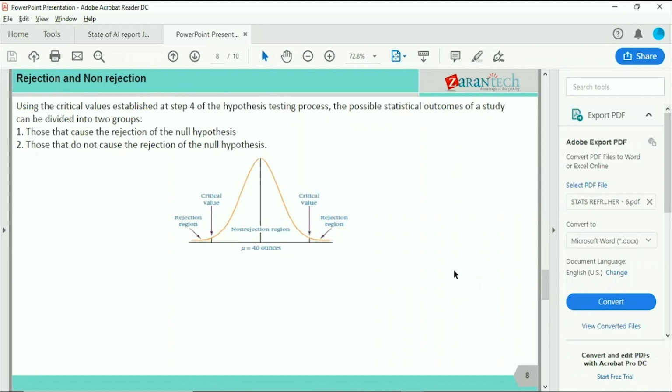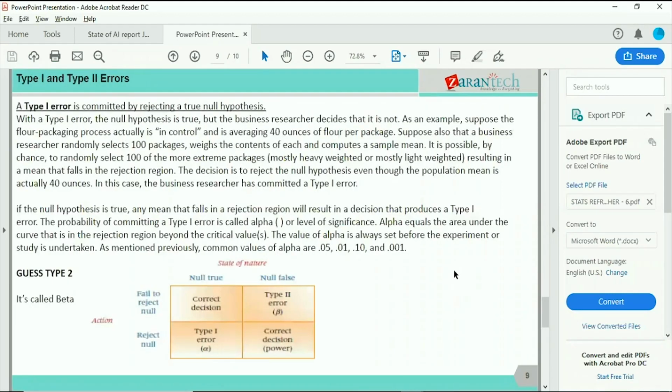I think we have discussed this many times before, solving many problems around Z value.